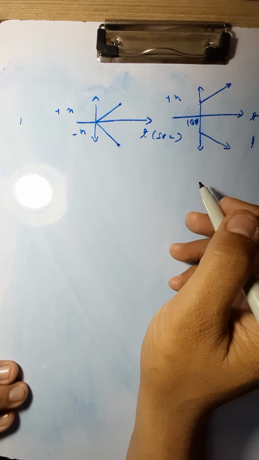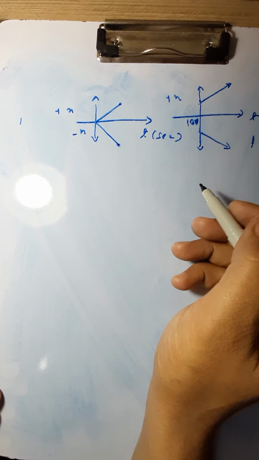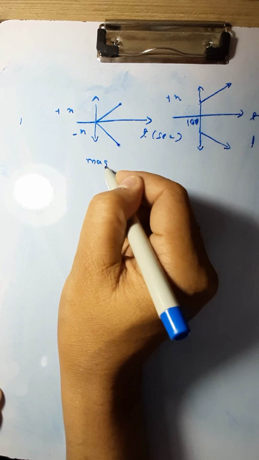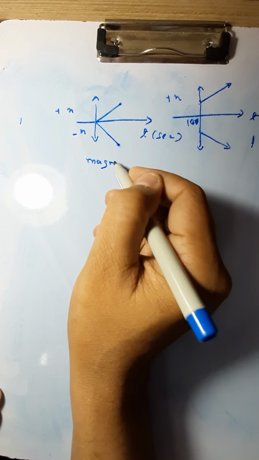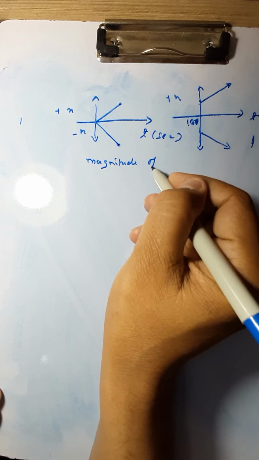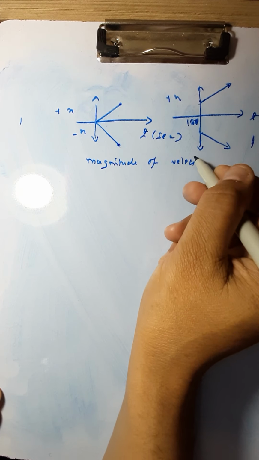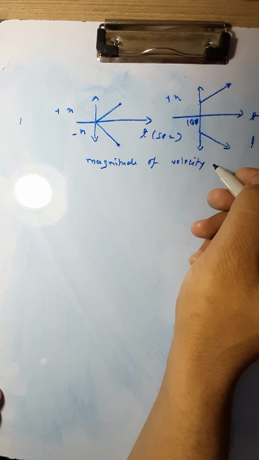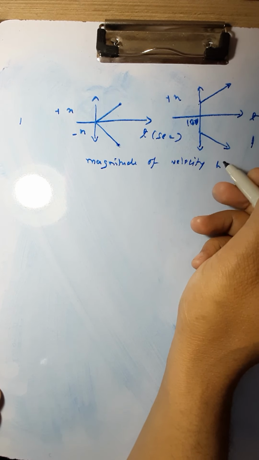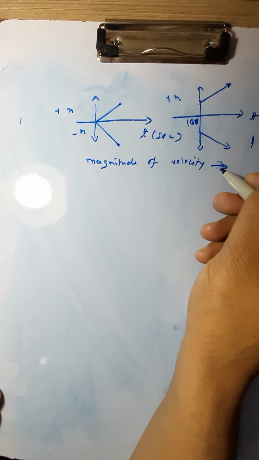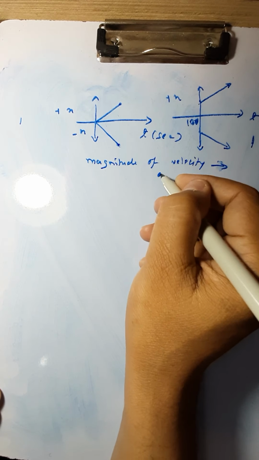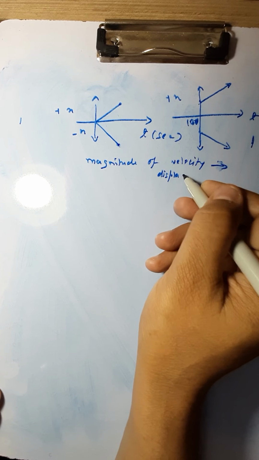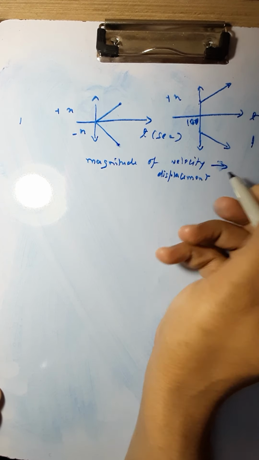so we will now see how the magnitude of velocity has an impact on the displacement time graph.